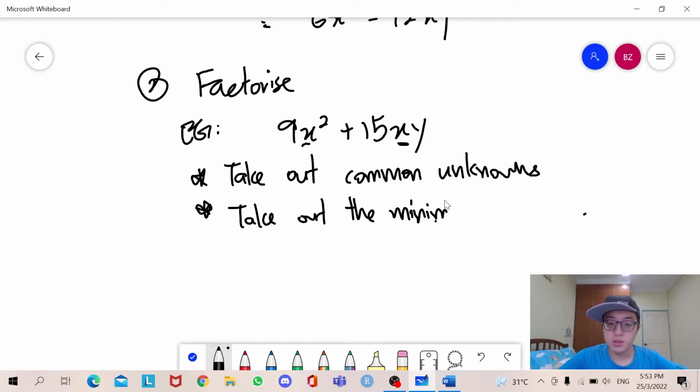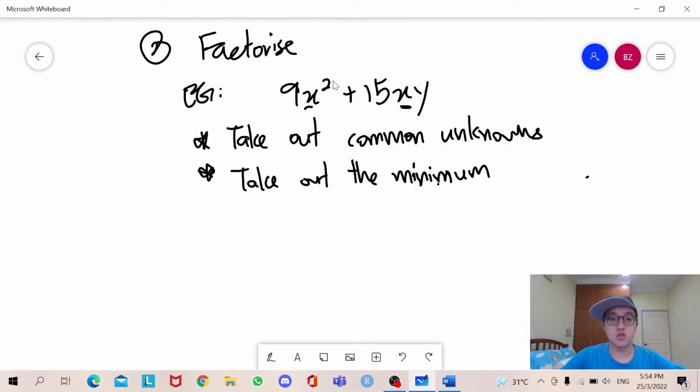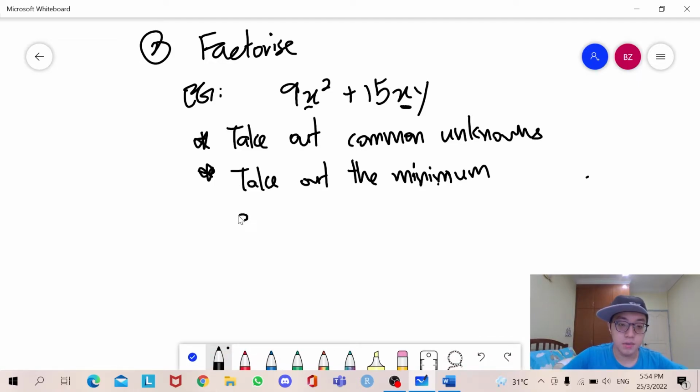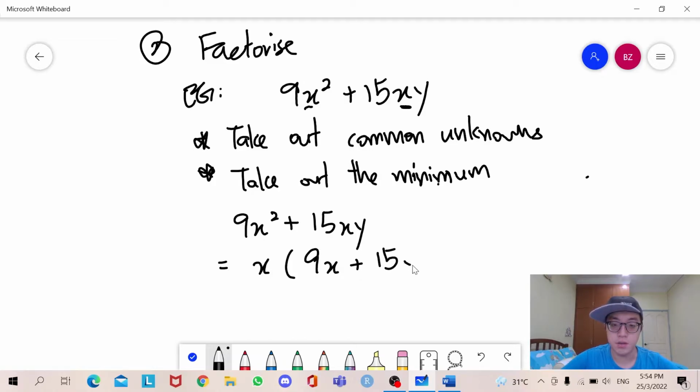If there's two x's here and one x there, we will only take out one x from each of them. So from 9x squared plus 15xy, we first take out the x. It will become x(9x plus 15y).